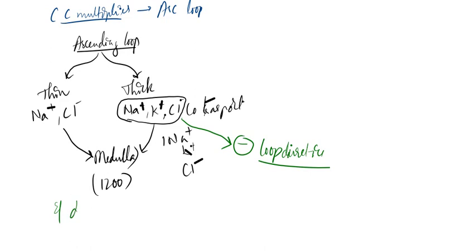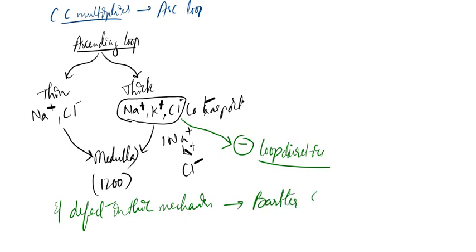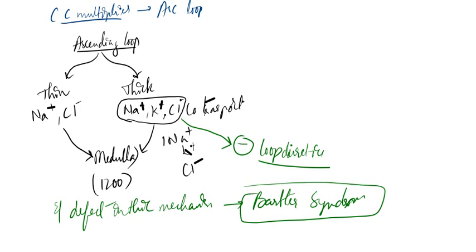If there is a defect in this mechanism, then it leads to a condition called Bartter syndrome. This is a very important medicine MCQ, Bartter syndrome. Obviously the mechanism gets disturbed and the osmolarity of the urine also gets disturbed.